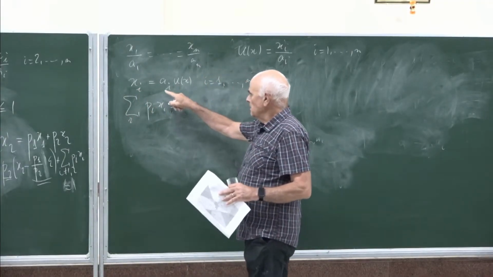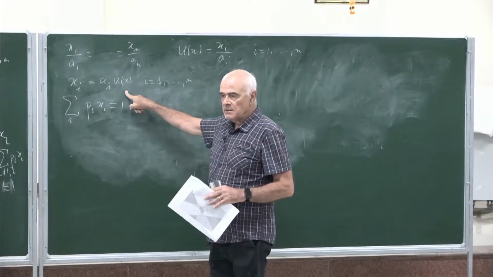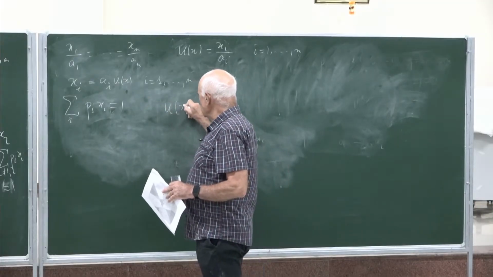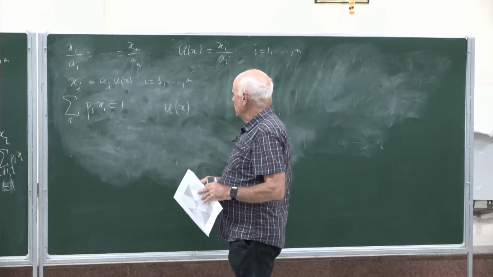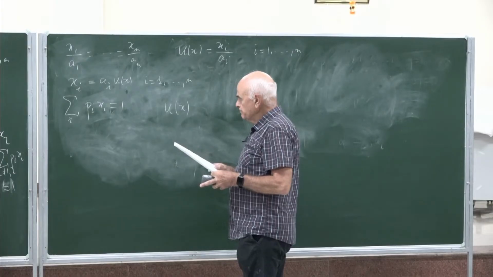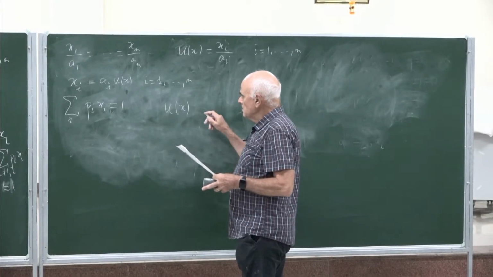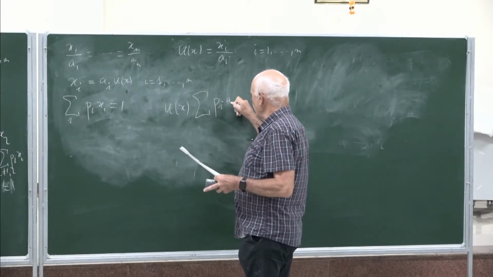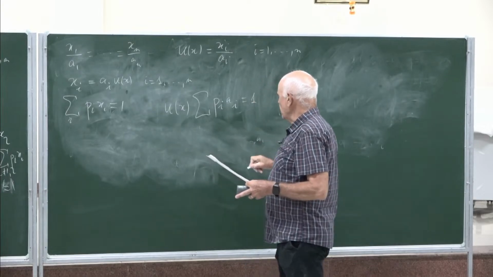So there is no loss of generality in assuming that the sum of pi xi is equal to 1. And if you replace what we have obtained, then what you get is that u of x times the sum of pi ai is equal to 1.